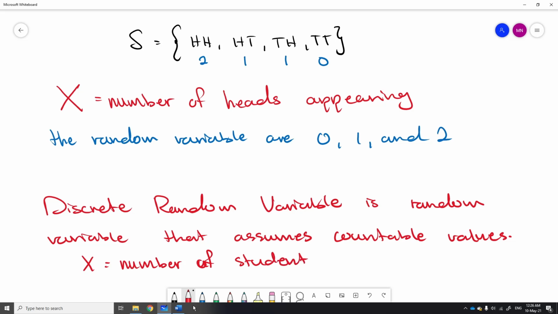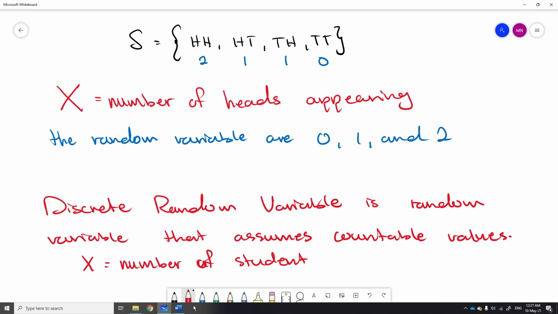We can count students as 1, 2, 3. There is no 1.5 students, and no half a student. The number of students can only exist in terms of whole numbers 1, 2, 3, and so on.